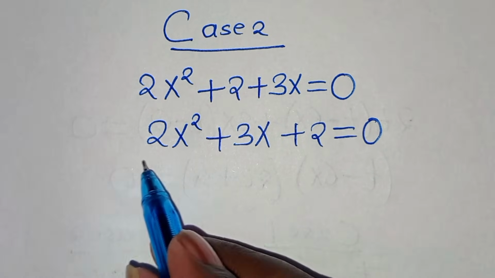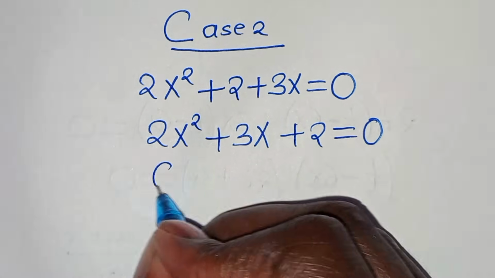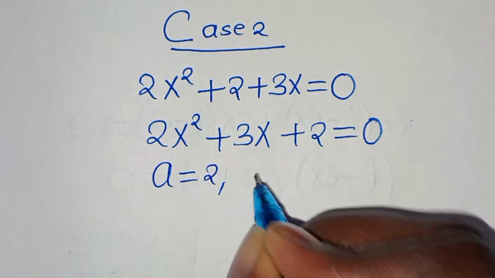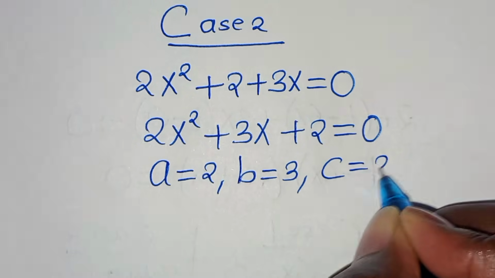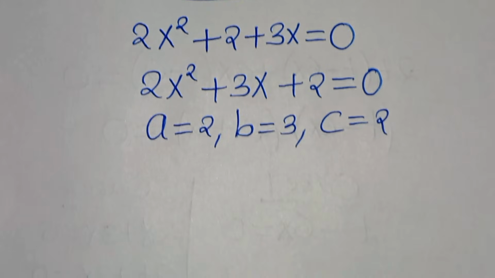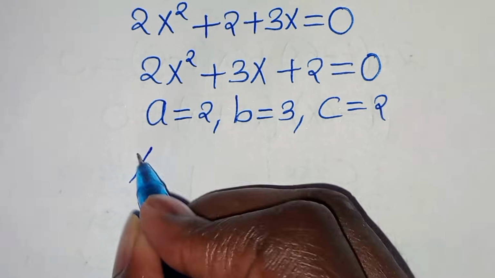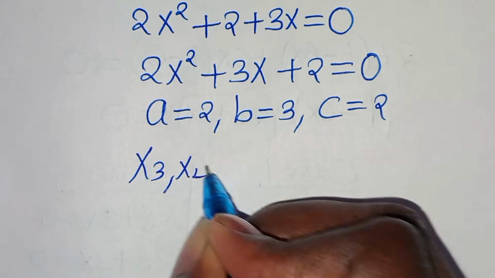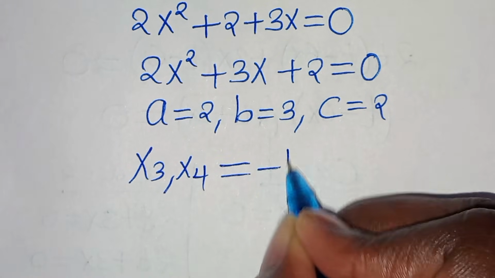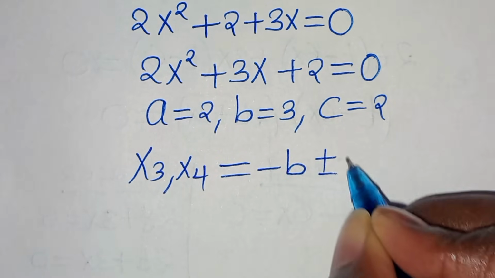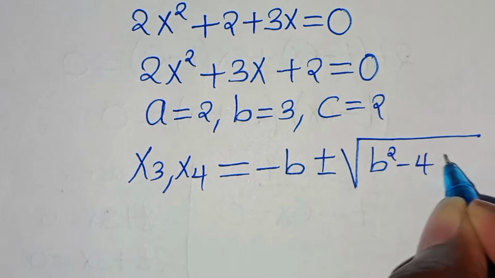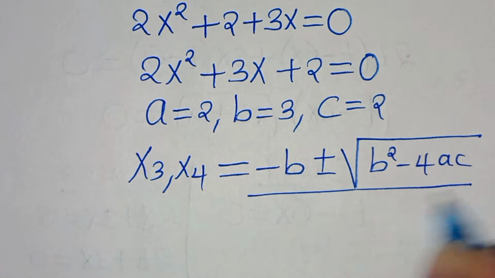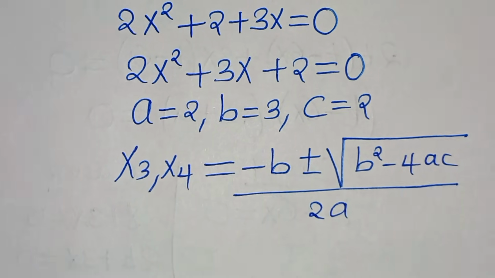So we form a quadratic equation here where a is equal to 2, b is equal to 3, and c is equal to 2. So we can solve for x3, x4 by applying the quadratic formula, which is minus b plus or minus the square root of b squared minus 4ac, everything here divided by 2 times a.